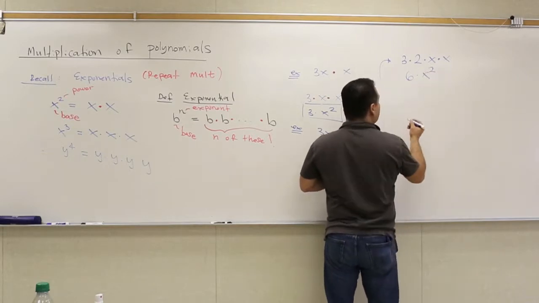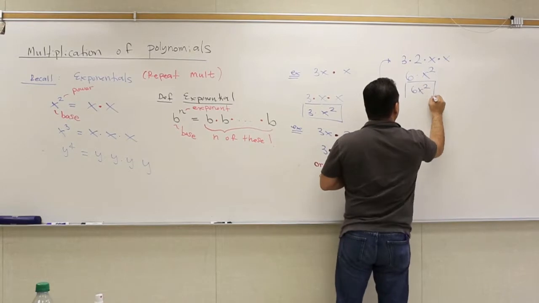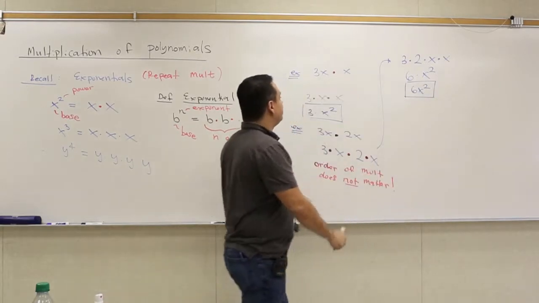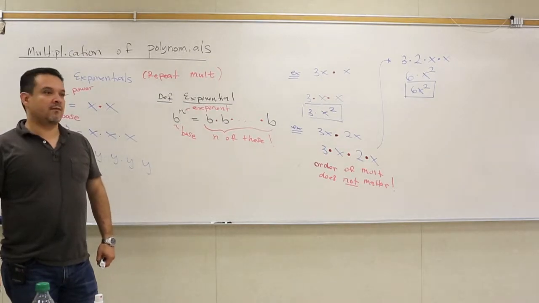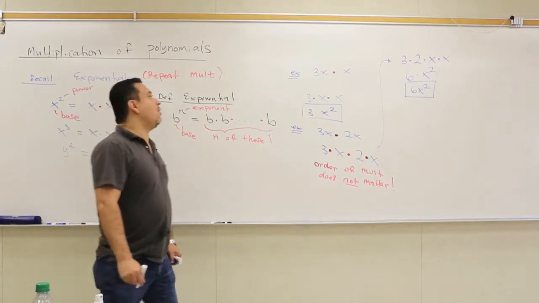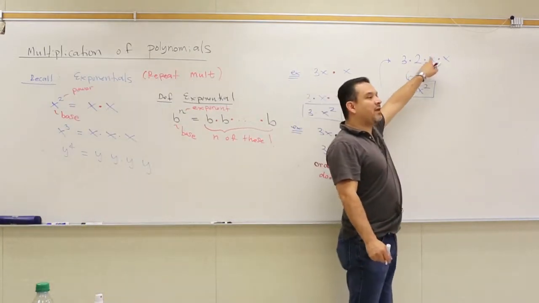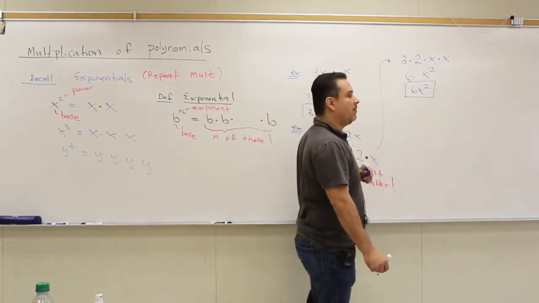Is that x squared? So you end up with 6 times x squared, which is 6x squared. Okay, you guys okay with this? So you're noticing that you have repeat multiplication of a base. How many of that base do you have? 2.